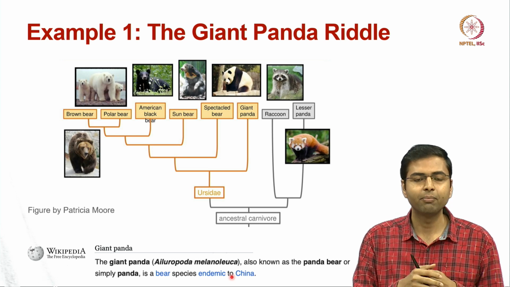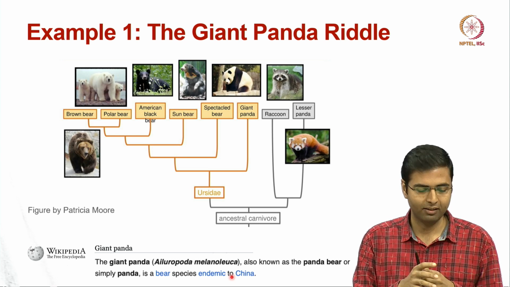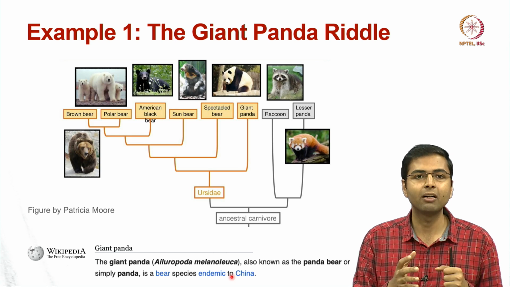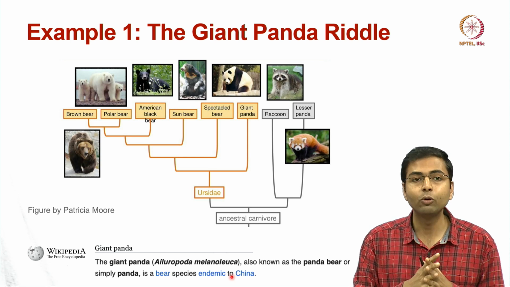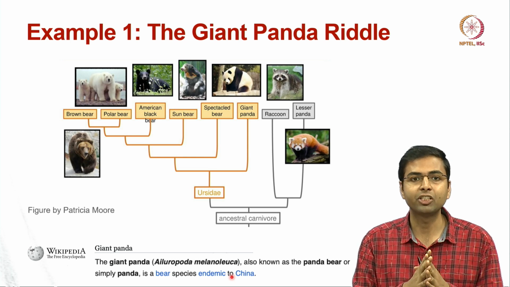So, this shows you that the very fundamental characteristic of giant panda, that is which family it belongs to, was resolved using tree reconstruction algorithms.